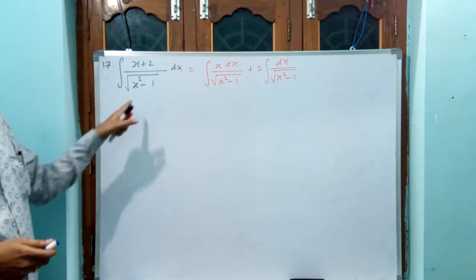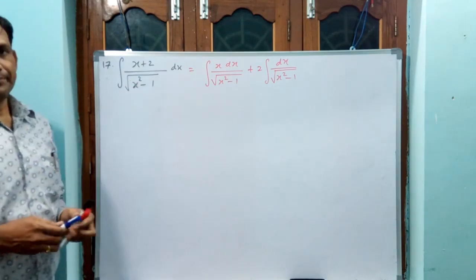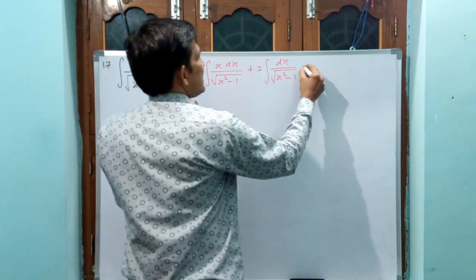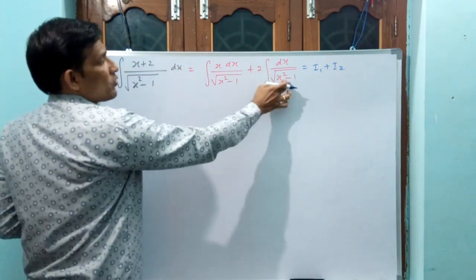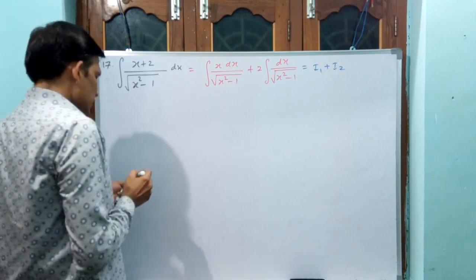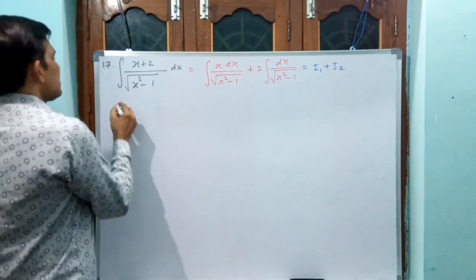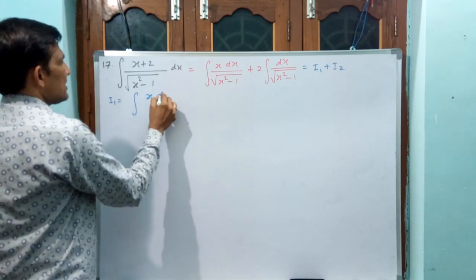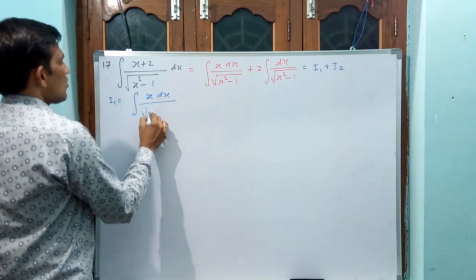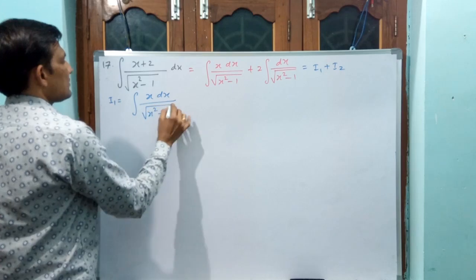Have split this. Denominator is for both. Now I am taking this as I1 plus I2. In I2, 2 also will come. Let us tackle one by one. First I1. I1 is equal to integral x dx by square root of x squared minus 1.